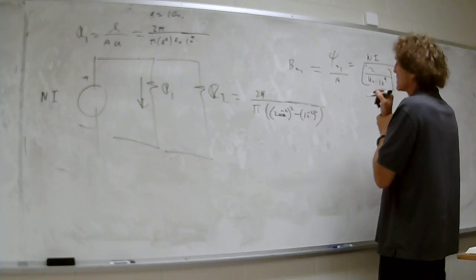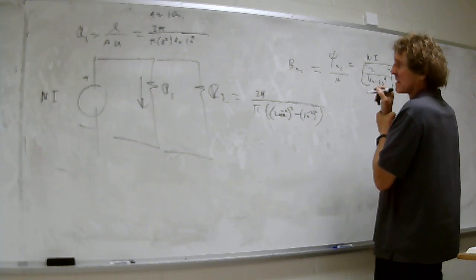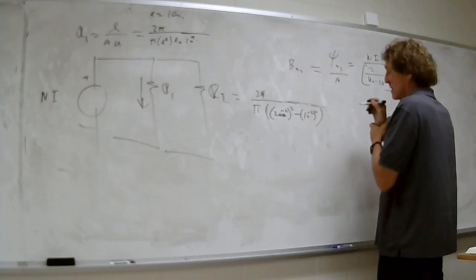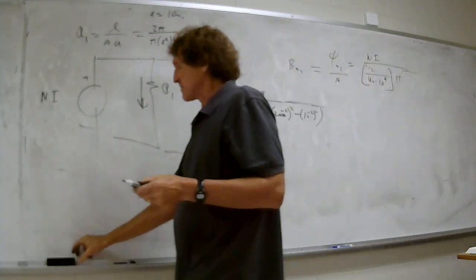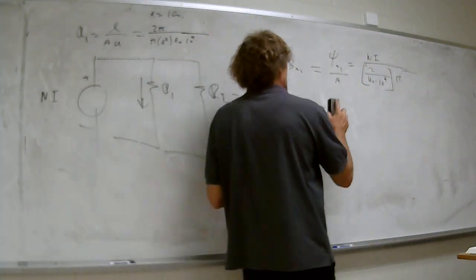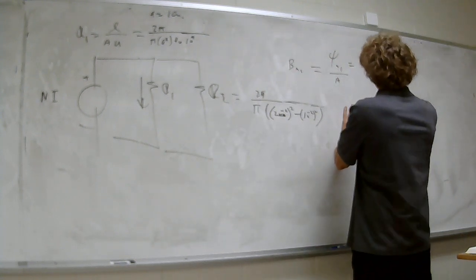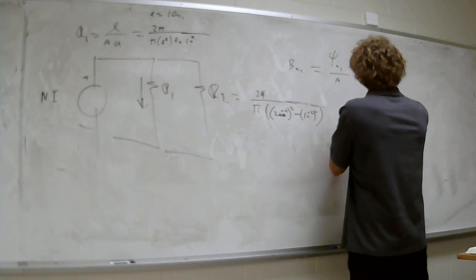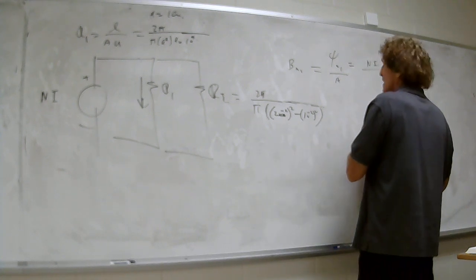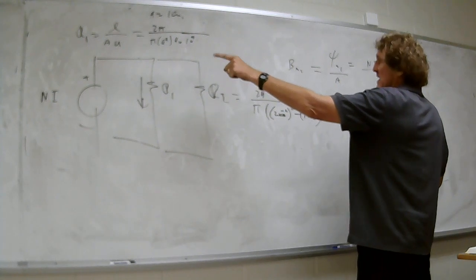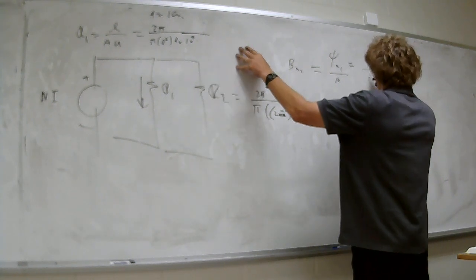Wait, wait a second. Did I do that here? I think your 10 to the 4th might cancel with centimeters. I forgot the 10 to the 4th. Hold on. Let me rewrite this so I get everything right. So it's the flux, Ni divided by the reluctance.